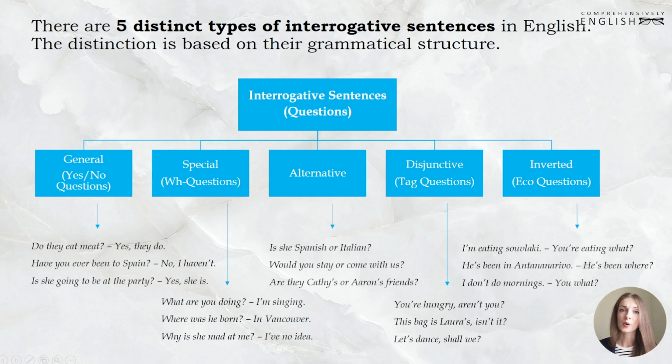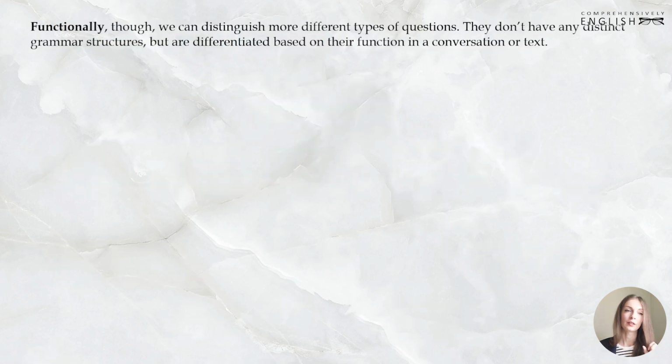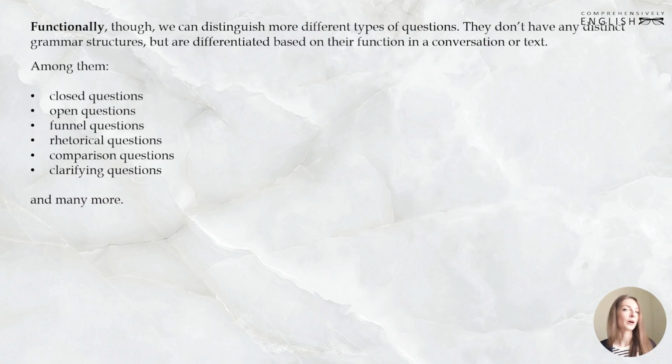Apart from these questions, we can also distinguish other types, but they don't have any distinct grammar structures or features. The differentiation here is based on their functions, on what they convey. For example, you might hear of closed questions, open questions, funnel questions, rhetorical questions, comparison questions, clarifying questions, and many more.